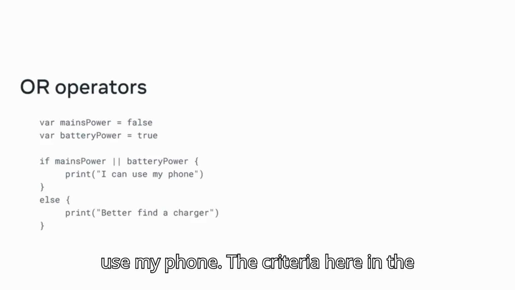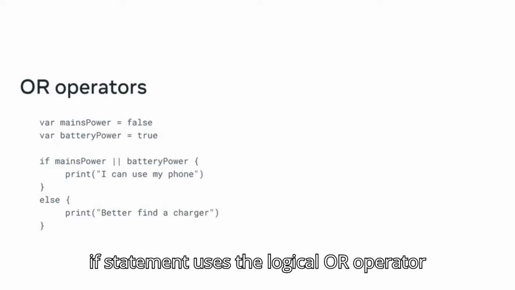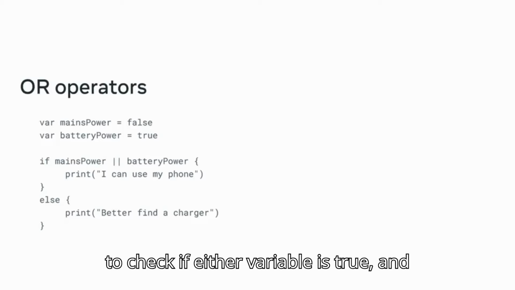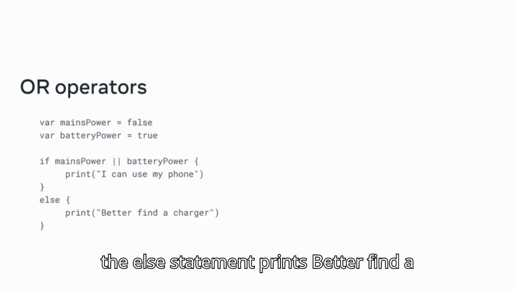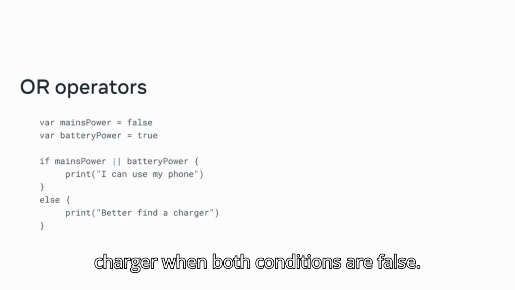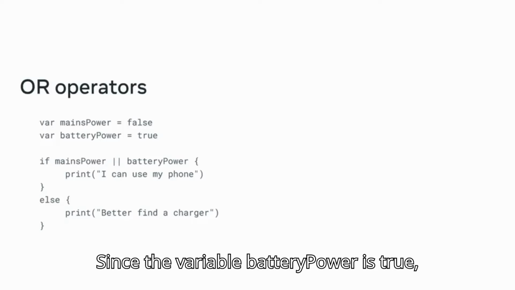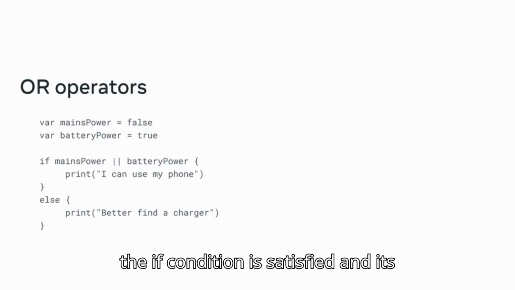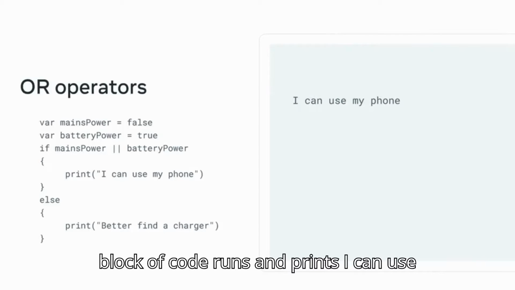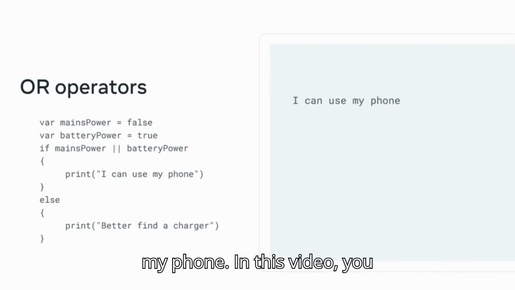The criteria here in the if statement uses the logical OR operator to check if either variable is true, and the else statement prints better find a charger when both conditions are false. Since the variable battery power is true, the if condition is satisfied and its block of code runs and prints, I can use my phone.